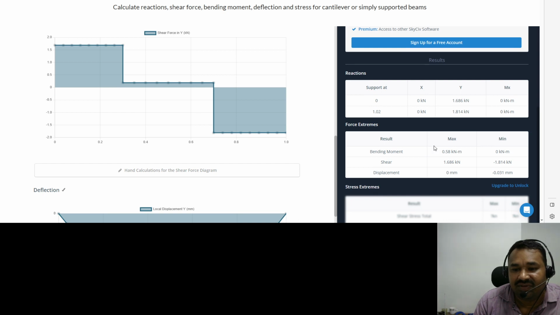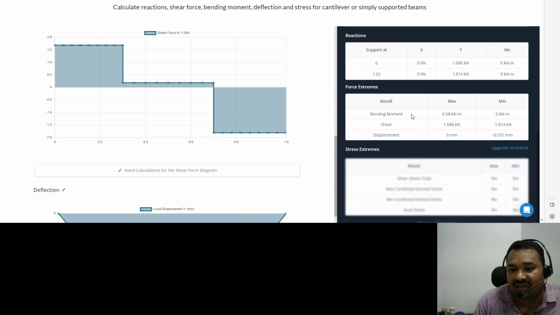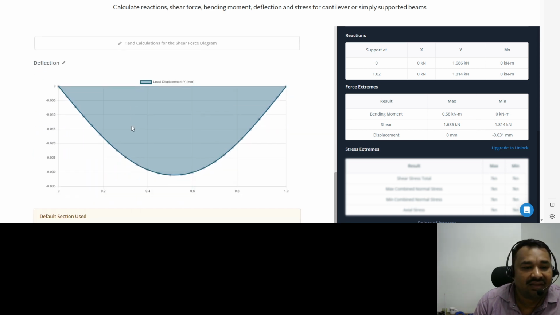There are some observations on the right side regarding the maximum and minimum values of bending moment and shear force. So in this way one can visualize how the beam got deflected. The beam got deflected in this way, one can see.